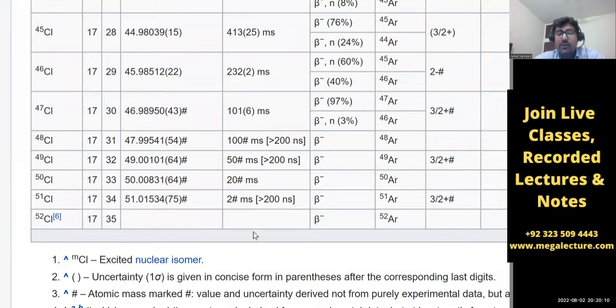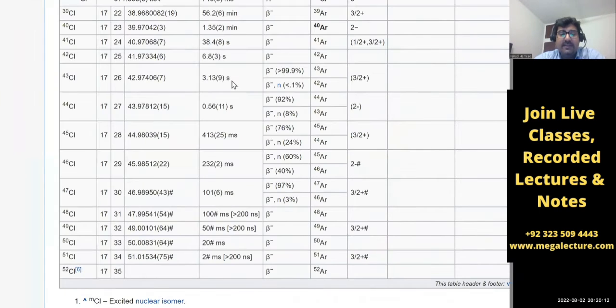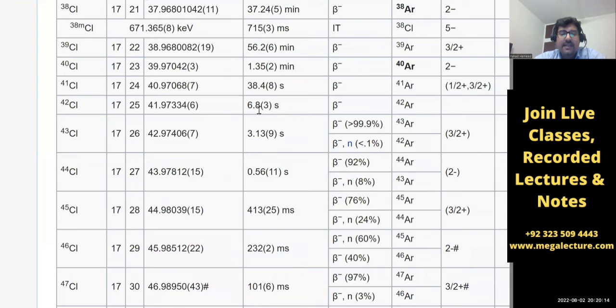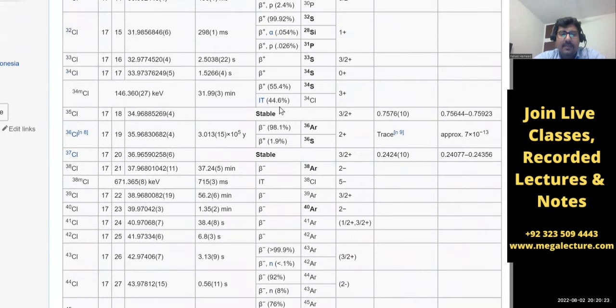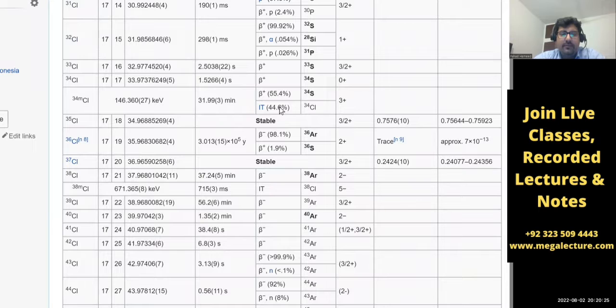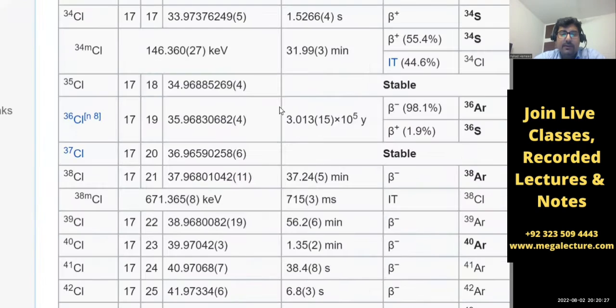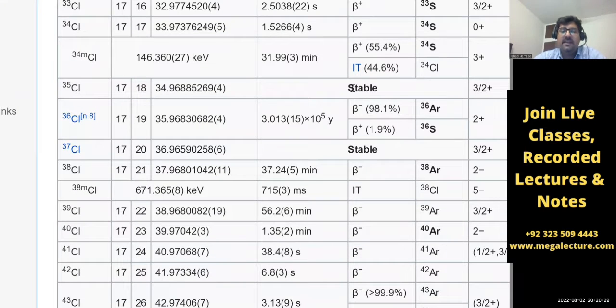Most of these isotopes don't exist because they vanish within a few seconds. Like Cl-42, it decays in 6.8 seconds, right? But chlorine 35 is stable. It doesn't really decay, it just maintains its state.